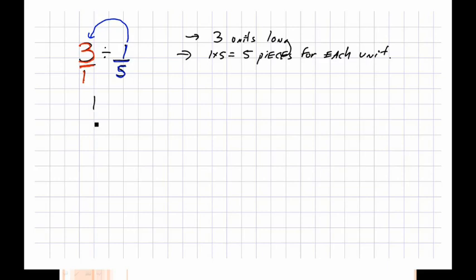So we start at 0. Here's my first unit that's broken into 5 pieces. Here's my second unit that's broken into 5 pieces. There's my third unit that's broken into 5 pieces. So here is my dividend at the end.